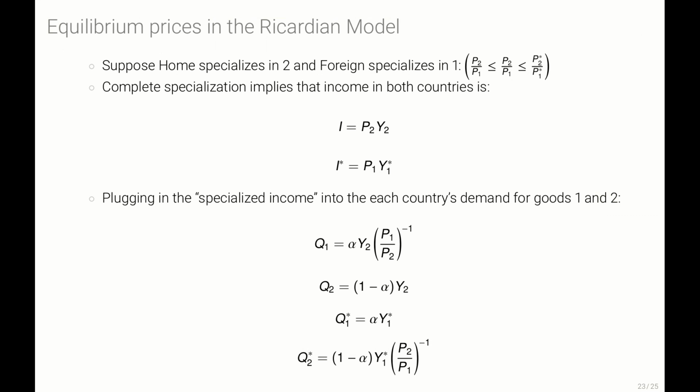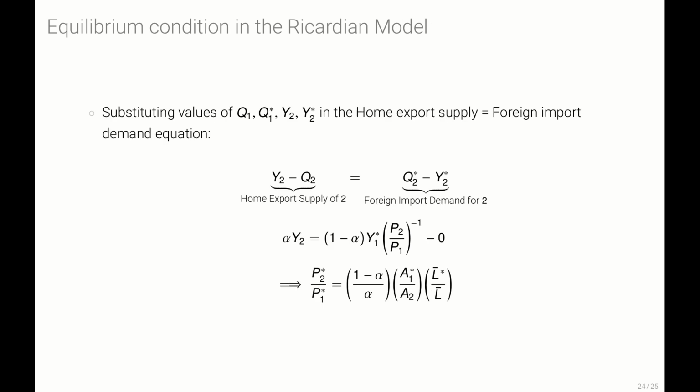So it's a function of the relative price that they face. So for instance, for foreign's consumption of good 2, we just want to have it written in terms of the relative price of good 2 over good 1, so we can graph it more easily when we want to graph foreign's import demand as we did before. But it really doesn't matter. It's the same thing either way.